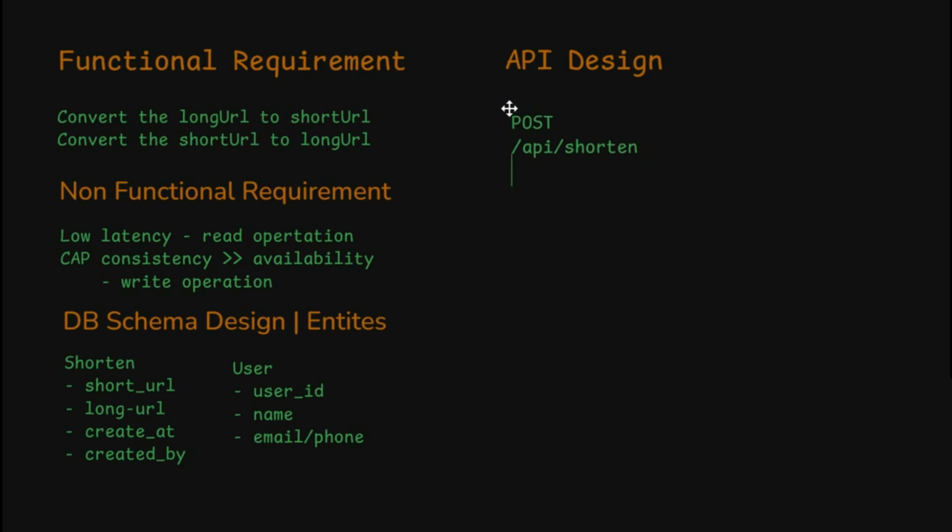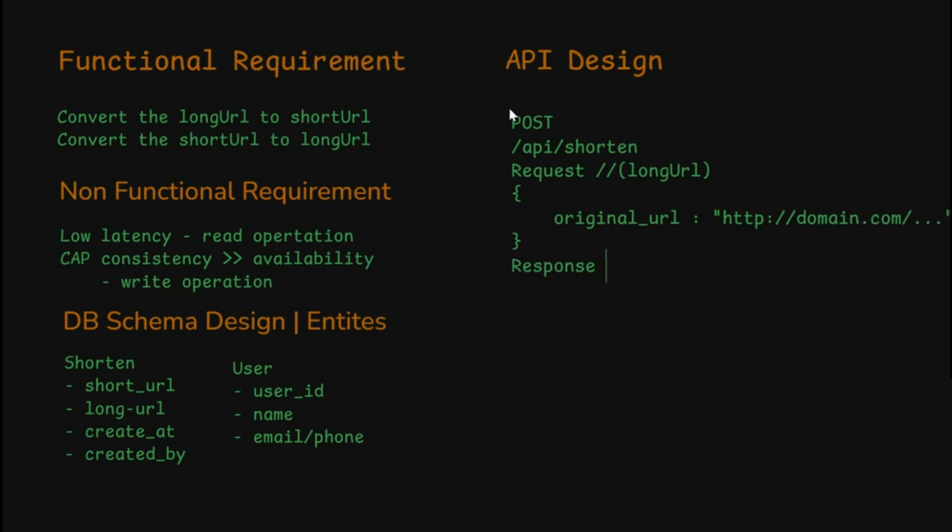So in the request, we can pass the JSON that would look like this. Here in the request, we are passing the long URL. This long URL is the original URL, for example, HTTP and domain name, etc., slash dot dot dot.